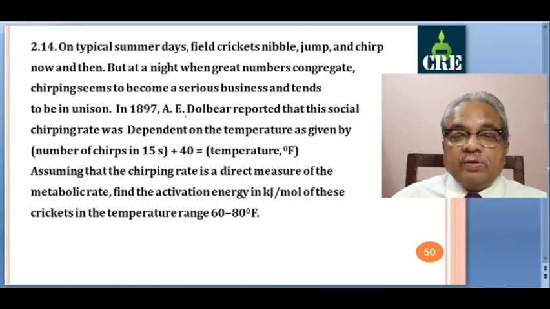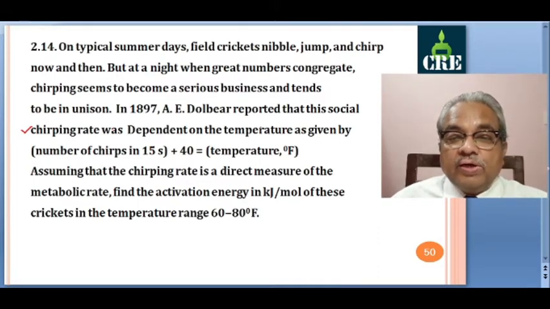In 1897, A. E. Dolbear reported that this social chirping rate, so crickets are insects and their chirping rate depends on the temperature, is given by number of chirps per 15 seconds plus 40 is equal to temperature in Fahrenheit. This is correlated after many observations.